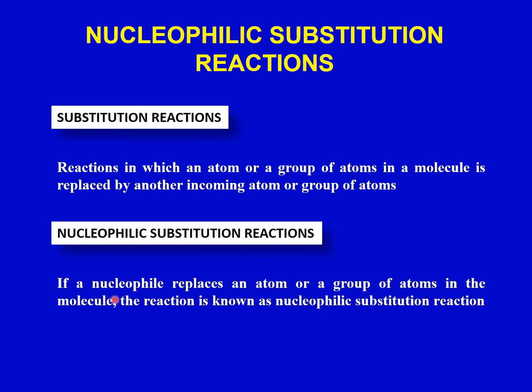Nucleus here is symbolic, and it means anything that has a positive charge or a deficiency of electrons, just like a nucleus which has a positive charge because of protons. So a nucleophile means anything that has excess electrons and is looking for any center or atom that has a deficiency of electrons.